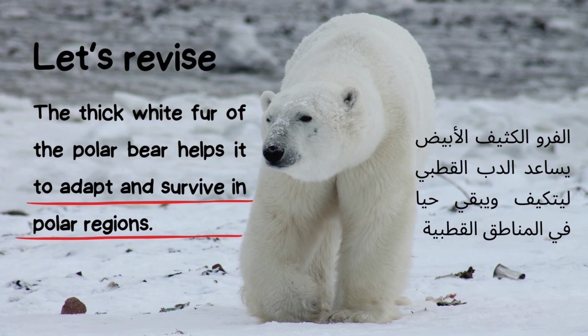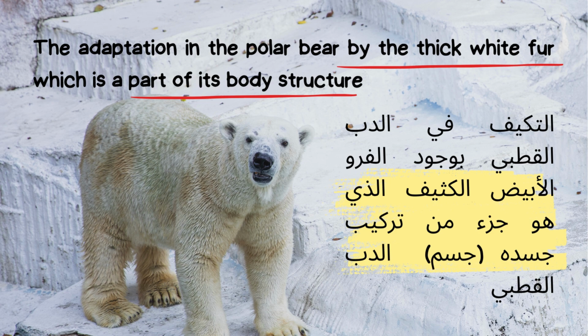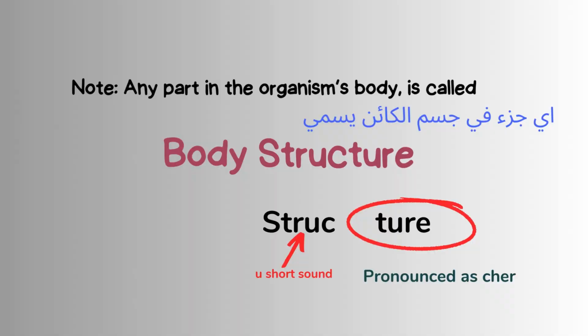And the thick white fur is a part of its body. So, it is a part of the body structure of the polar bear. When we talk about anything in the body of the organism or inside its body, this is a body structure. So, any part in the organism's body is called what?